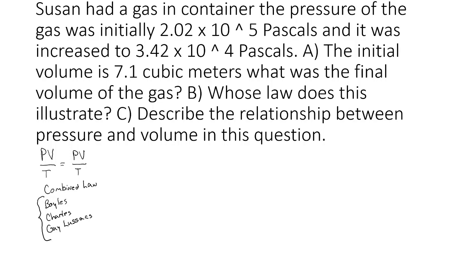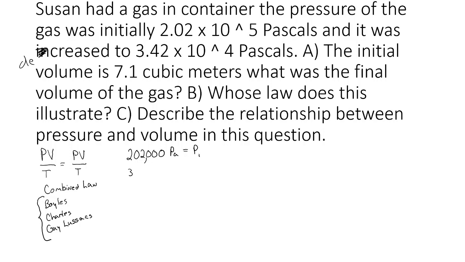So it says Susan had a gas in a container. The pressure initially is 202,000, yep, 5 significant digits, pascals. That's P1. Then it says it was increased to 3, oh, that's not increasing, that's decreasing.